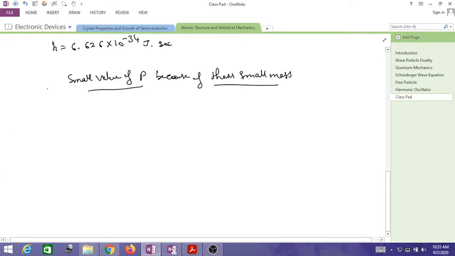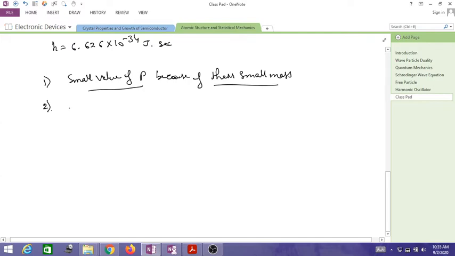Whereas in the second case, macroscopic dimension objects have vanishingly small de Broglie wavelength, and their motion can be described by the laws of classical mechanics.